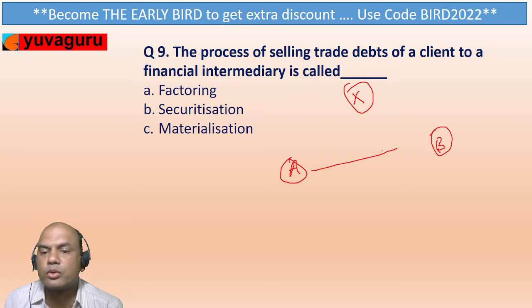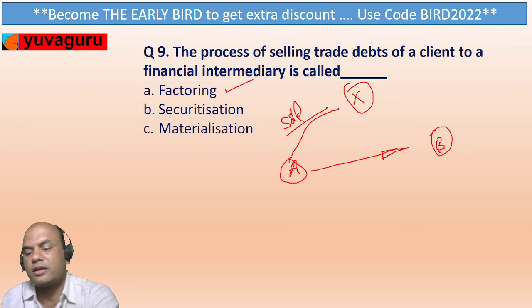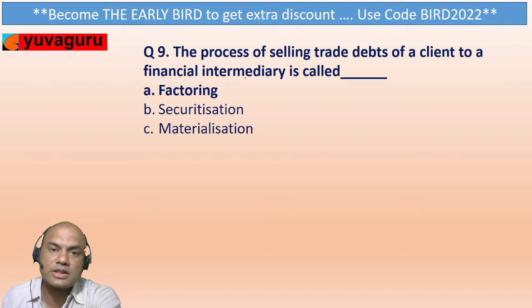This person has sold to B, and now he has the invoice and everything; he has sent the original to B. Now he has the copies of that. These copies are sold to me. In which type of financing? That is known as, as we just saw, the topic going on, factoring. So factoring was the point of discussion today.